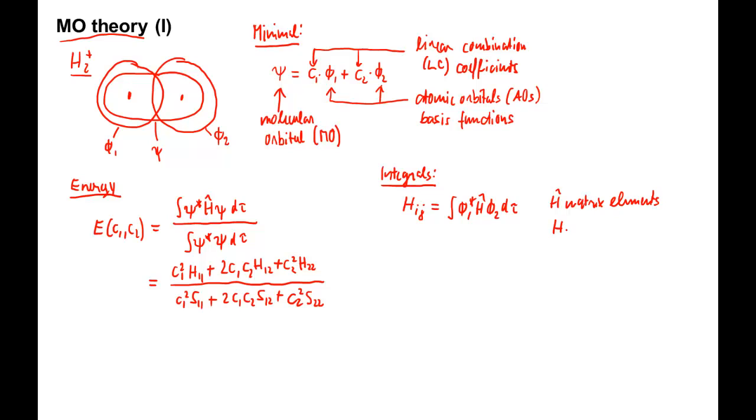In general, Hij equals Hji. If the 2 functions are identical, then i equals j, and the integral is called a Coulomb integral. If the 2 functions are different, so i is not equal to j, then these are called resonance integrals.